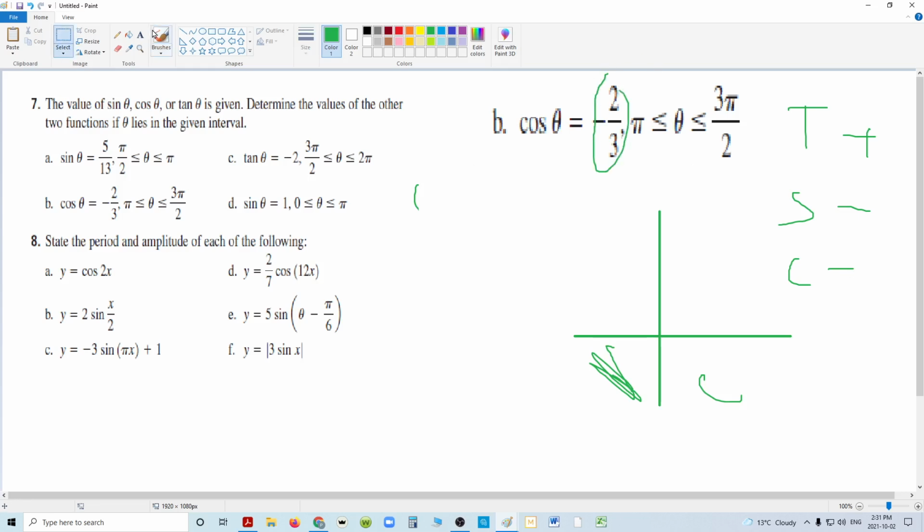It also tells me we're dealing with a triangle, and this is the angle we're talking about. It's always the angle to the x-axis. And since cosine is equal to adjacent over hypotenuse, I know my hypotenuse is going to be 3, and I know my adjacent here is going to be 2. I just need to figure out my opposite.